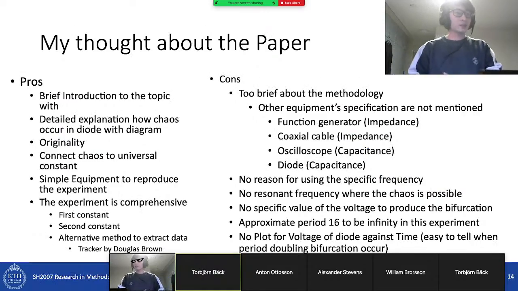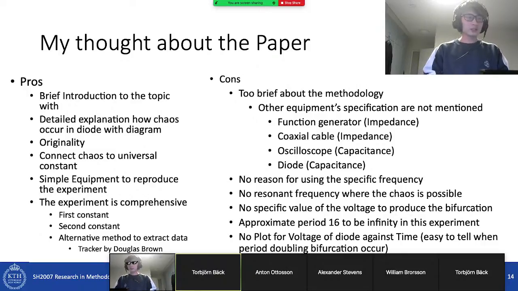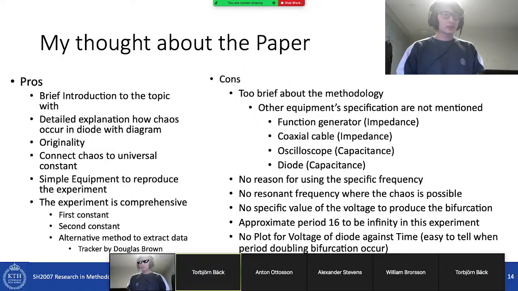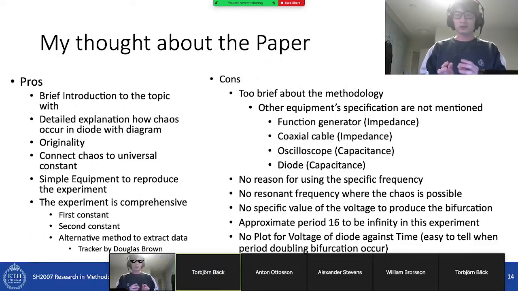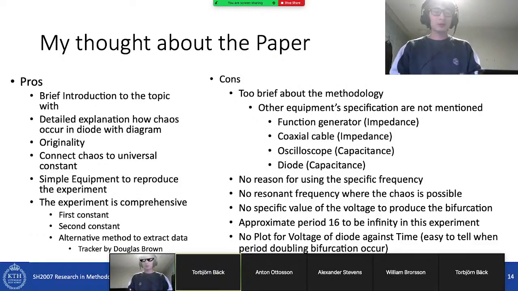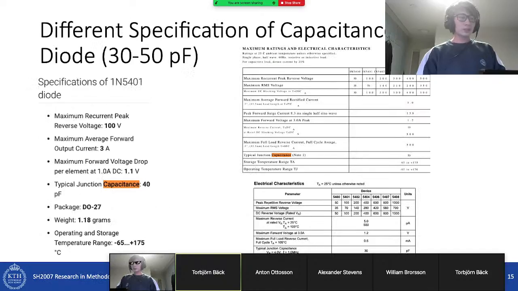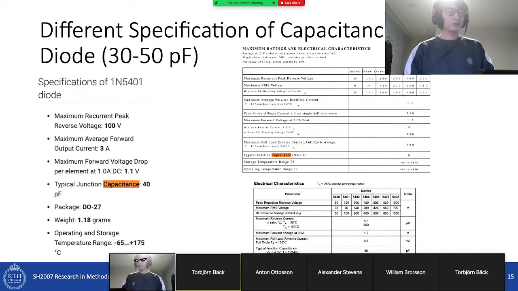I have some thoughts about this experiment. The pro is that they describe the topic briefly, and the con is that they don't go into much detail about the methodology, because the system is quite sensitive to the initial condition. It just talks about impedance, capacitance, and the equipment, and there's a variation in the brand of the diode, and it mentions the capacitance of the diode.